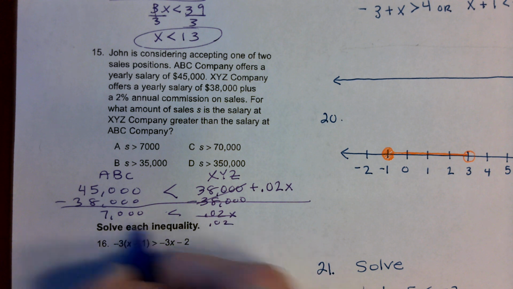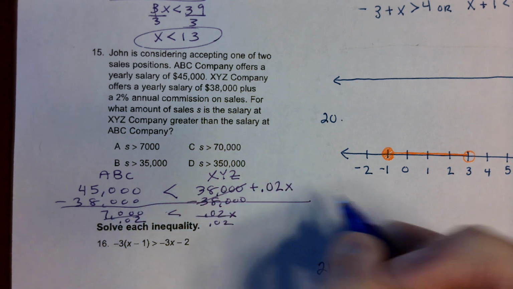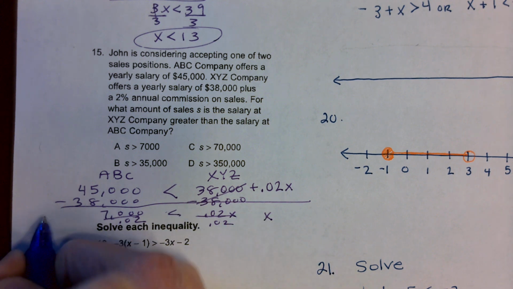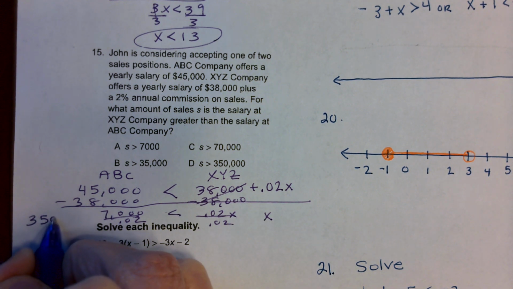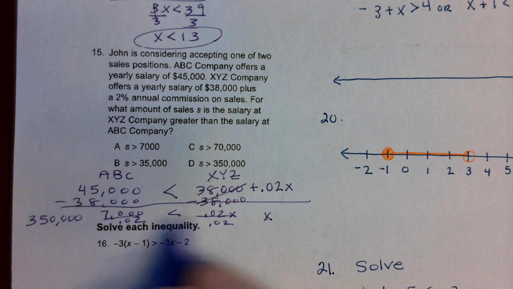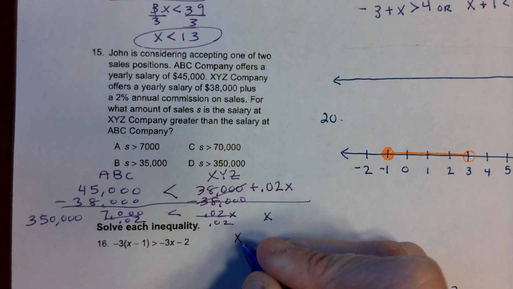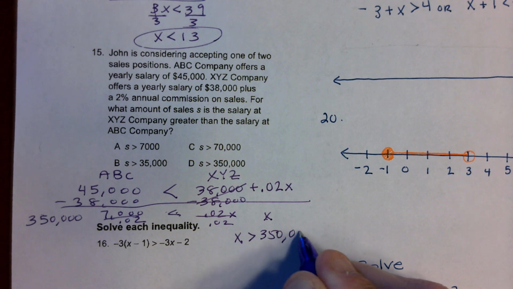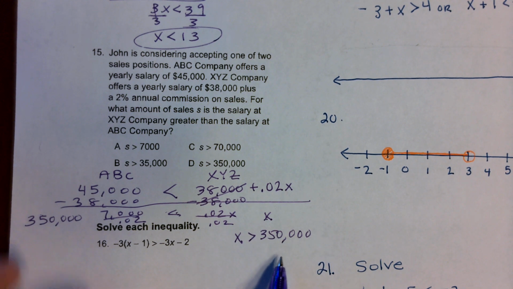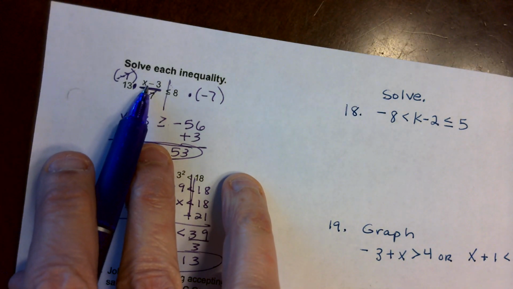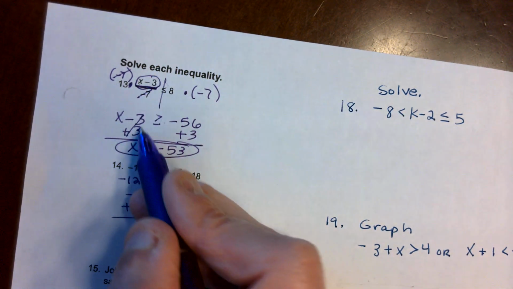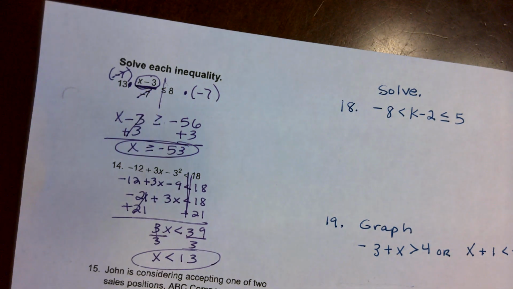Divide by 0.02, divide by 0.02, and x is on this side, and it comes out to 350,000. So I need to rewrite this with the x on the left. Opens up to the x, 350,000. Remember, the reason up here we didn't add first is because this is grouped together. So you had to free it first, get it out of that fraction first.